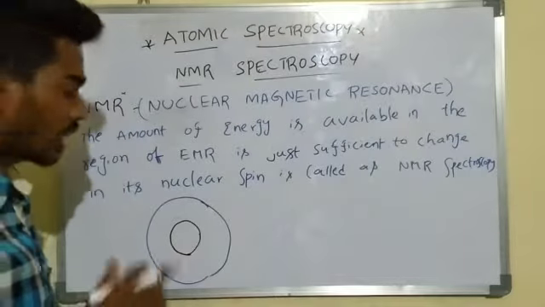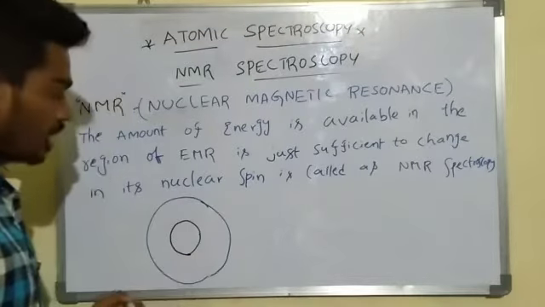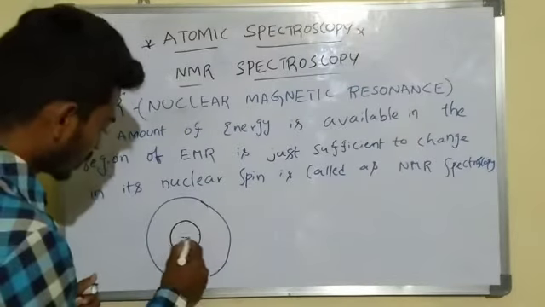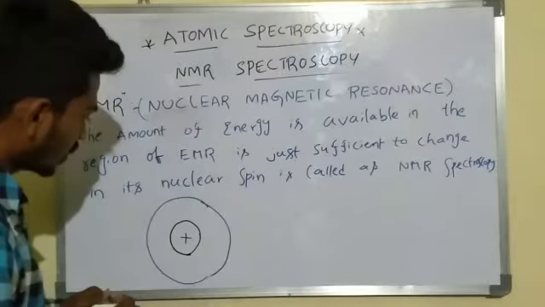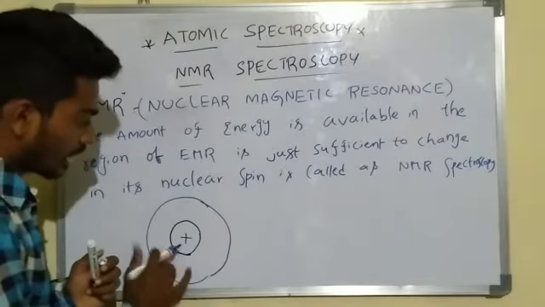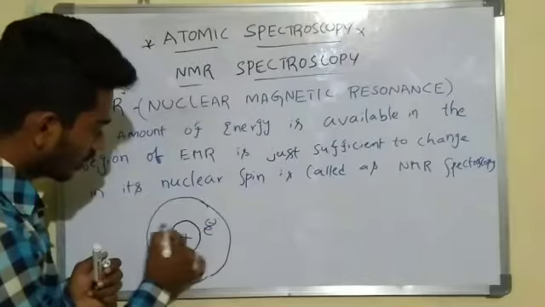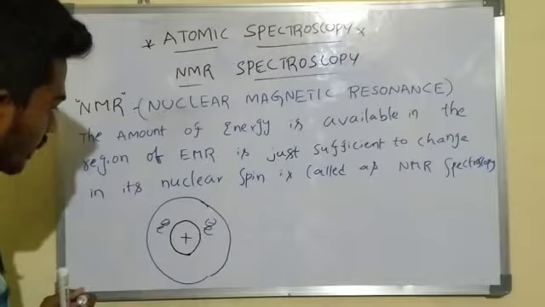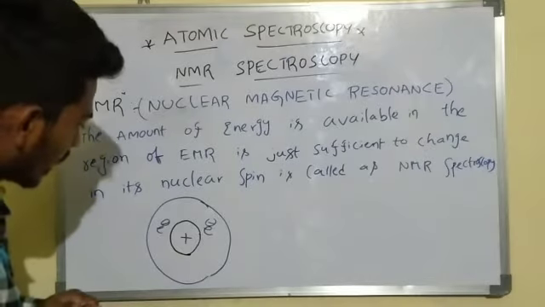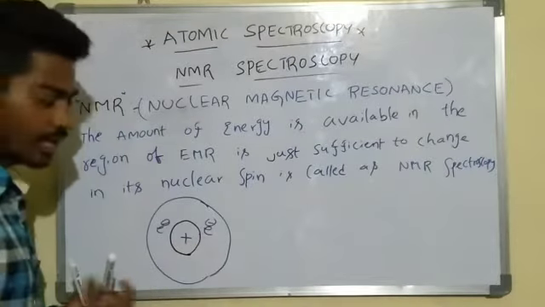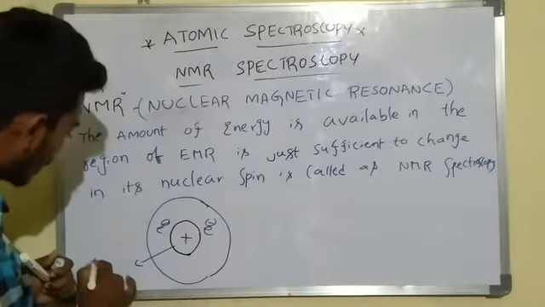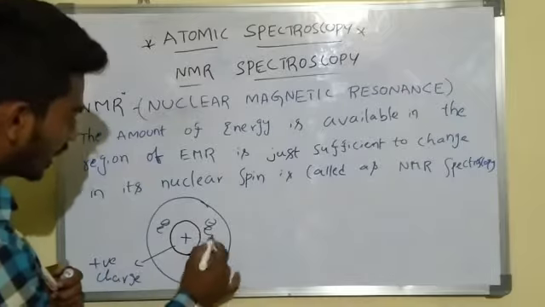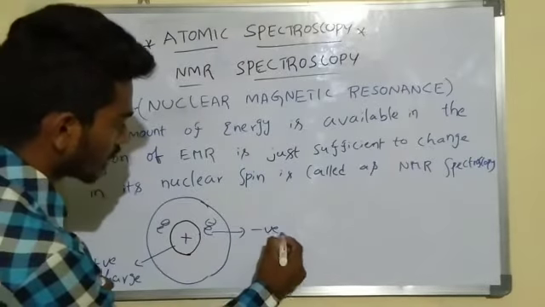Neutrons have a neutral charge and protons have a positive charge, so the nucleus as a whole has a positive charge. The electrons revolve around the nucleus, and the nucleus has a positive charge while the electrons have a negative charge.